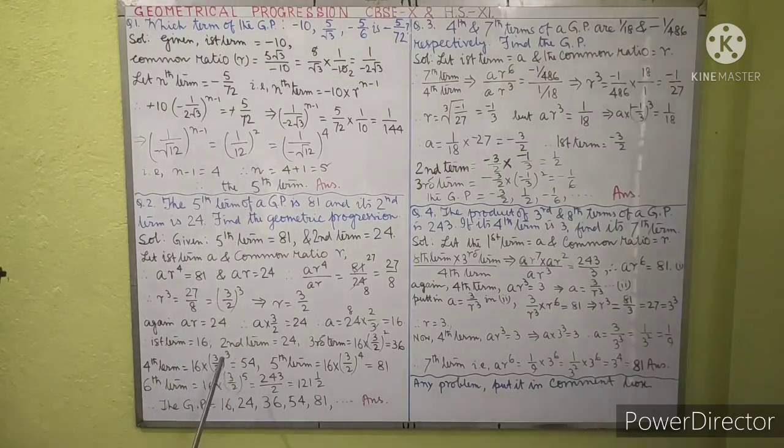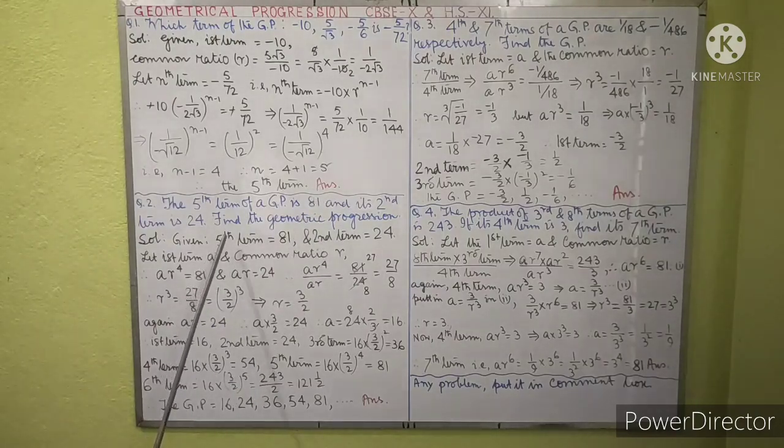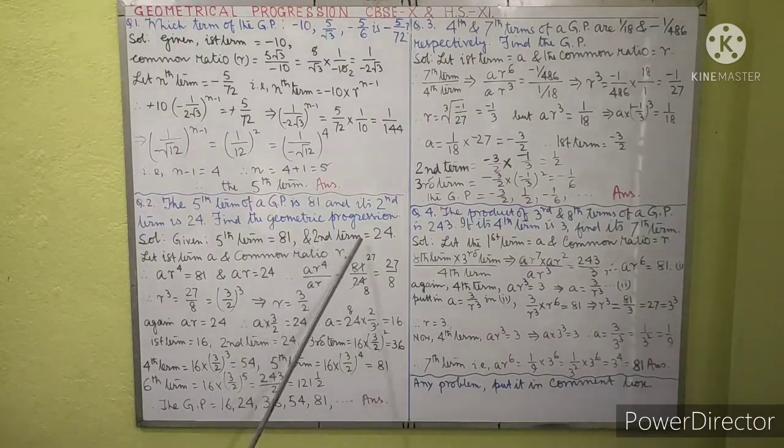This is the answer. The second problem: the fifth term of a GP is 81 and its second term is 24. Find the geometric progression. Here it is given fifth term 81 and second term 24.